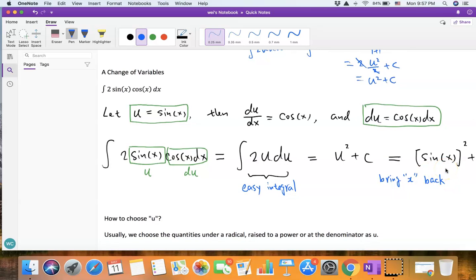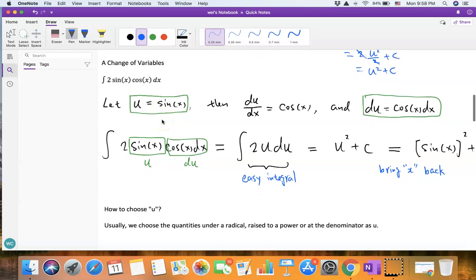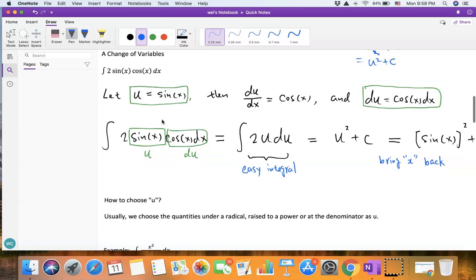Okay. Now you may have a question at this point. Why did I let u be sine x? Why don't I let u be cosine x or sine x times cosine x? Actually here, I think if you let u be cosine x, that also works. But how do I know u is sine x or cosine x?